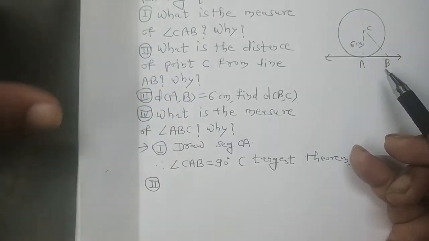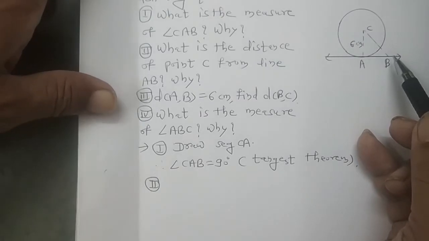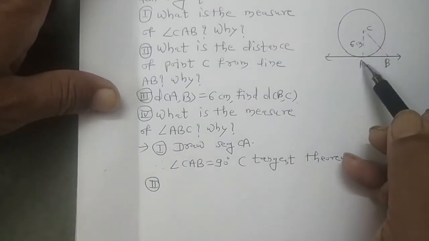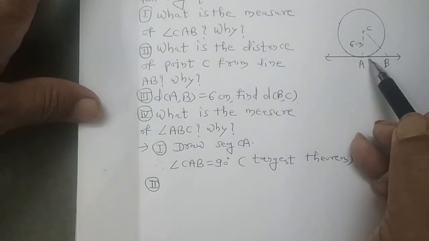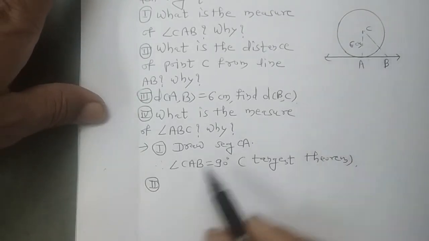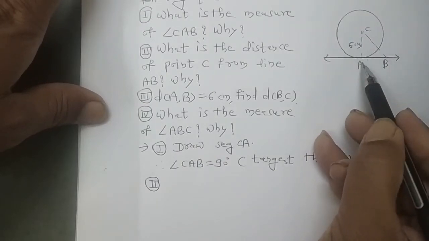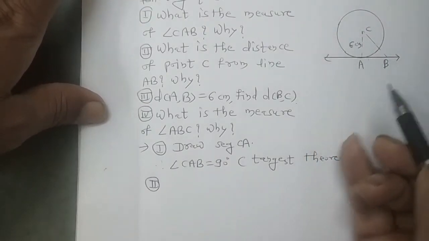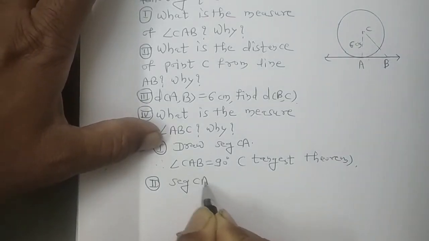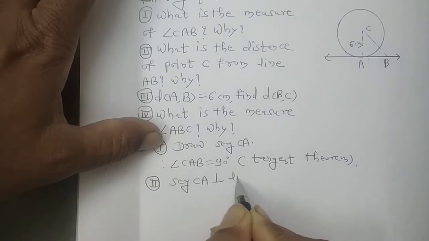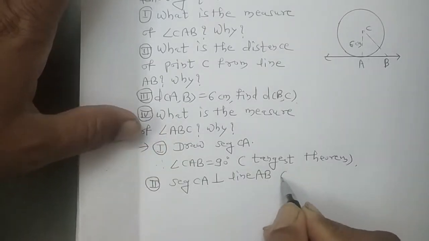Now here, first we consider segment CA perpendicular to AB. We know that this angle is of 90 degree from 1. Therefore, segment CA perpendicular to line AB from 1.